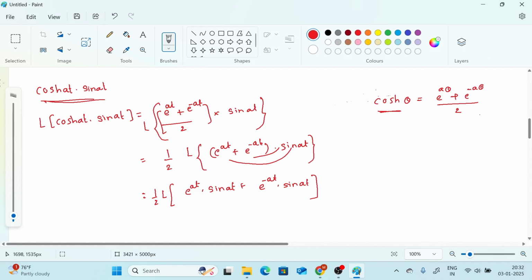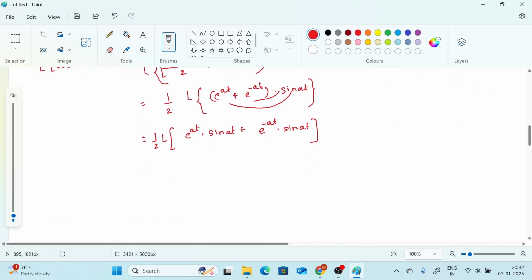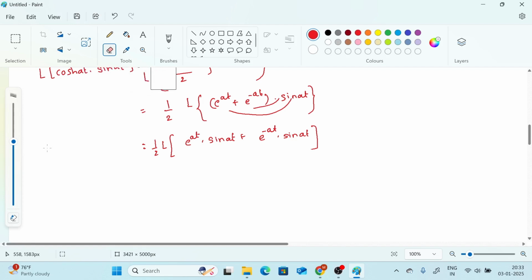Now we know the value of Laplace of sine at is a upon s square plus a square.